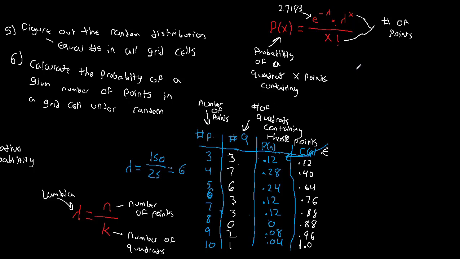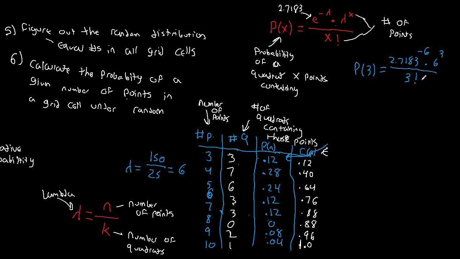All right, so the probability of a grid cell containing 3 points exactly is going to be equal to 2.7183 to the negative 6 in our case, times 6 to the 3 divided by 3 factorial.